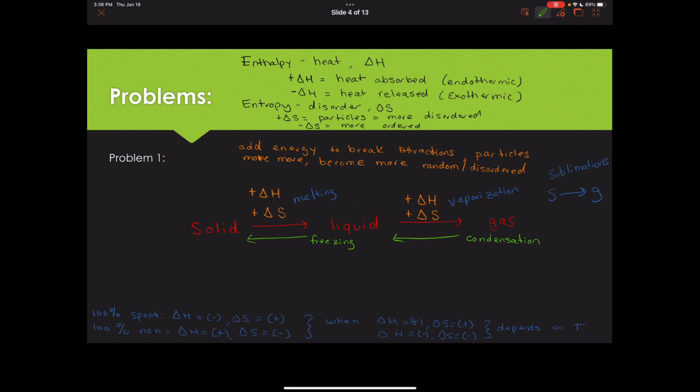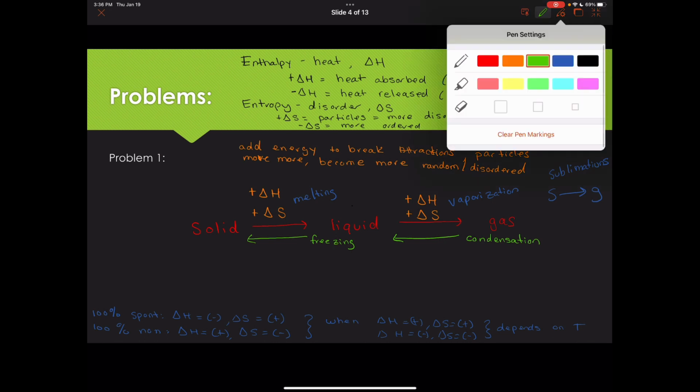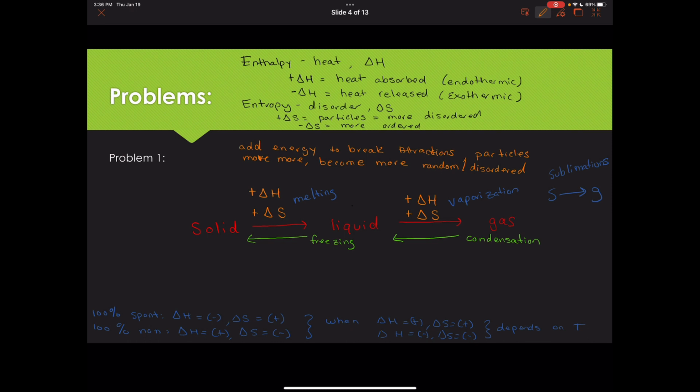If I'm going from a gas to a liquid, we have to take random particles that are moving freely and get them stuck together. To do that, we've got to slow our particles down. We've got to take energy away. So we are going to cool our sample down. When we cool a sample down, we are removing heat, we are removing energy. So we get a negative delta H.